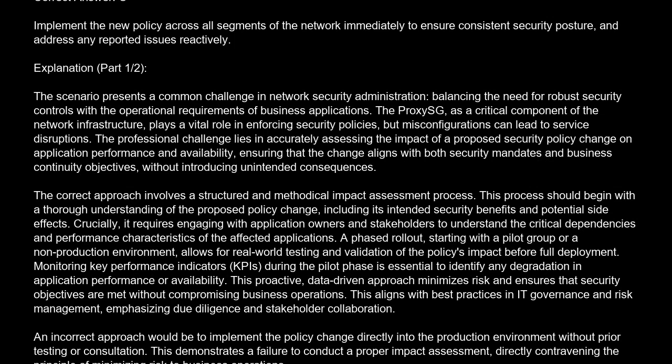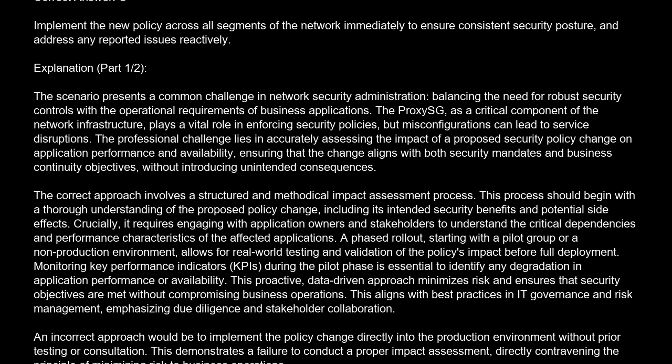Implement the new policy across all segments of the network immediately to ensure consistent security posture and address any reported issues reactively. Explanation: the scenario presents a common challenge in network security administration, balancing the need for robust security controls with the operational requirements of business applications.